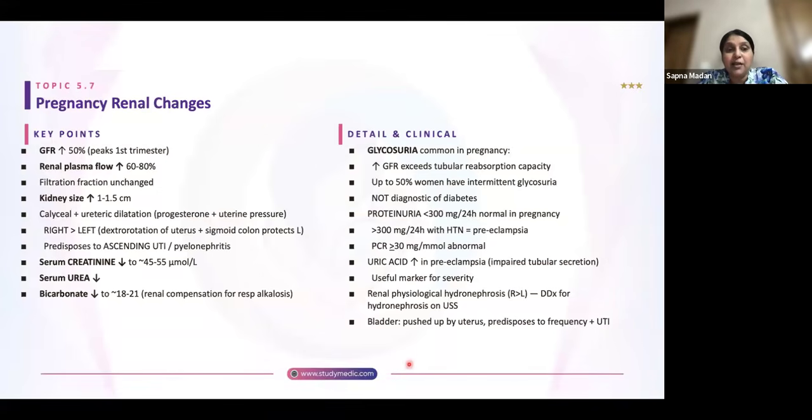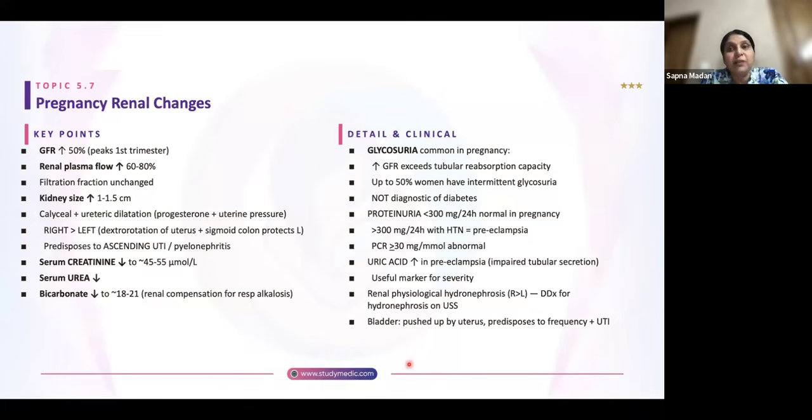There is calyceal and ureteric dilatation because of progesterone and pressure on the ureters from the uterus. So there is retrograde pressure, and therefore there is ureteric dilatation. This dilatation, whether in the ureter or in the kidney, is seen more on the right side because the uterus has a tendency to have dextrorotation.